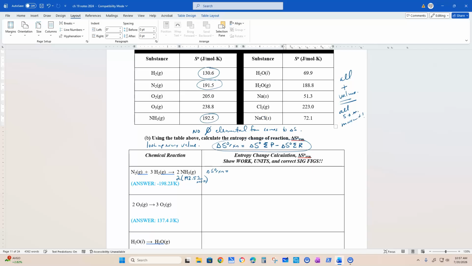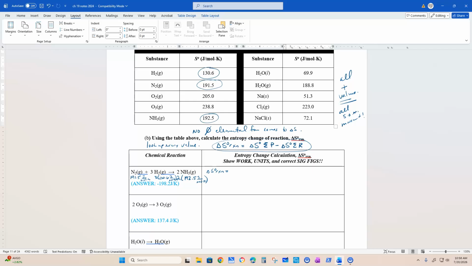My N2, I only have 1 mole of that, so 191.5 joules per mole K. And then my hydrogen, I've got to multiply by 3, 130.6 joules per mole K. Let's multiply this out.